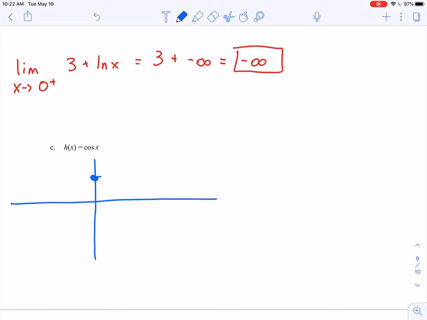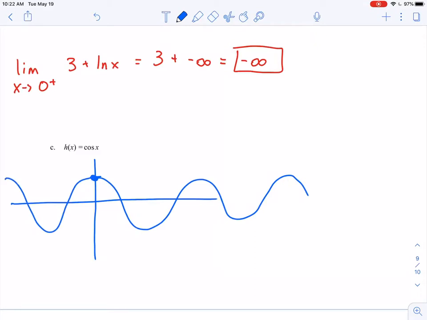Cosine of x, I know passes through (0, 1), and I know that it's an oscillating function, meaning it repeats the same behavior over and over and over again, and so it oscillates up and down between +1 and -1, right? So it looks something like this.